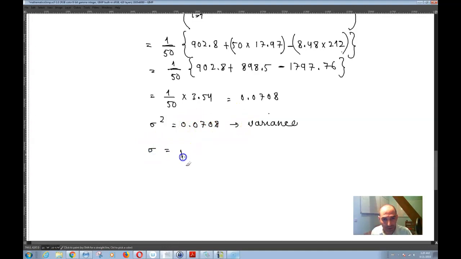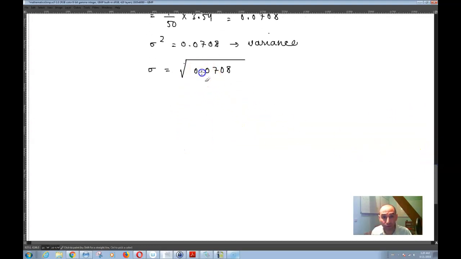So now sigma is equal to the square root of 0.0708, and we have to calculate this as well. Okay, so the square root of 0.0708. Actually, I've never done anything like this before, where the number starts with a decimal point. I suppose I could make groups over here, and of course the 0 would be simply 0.